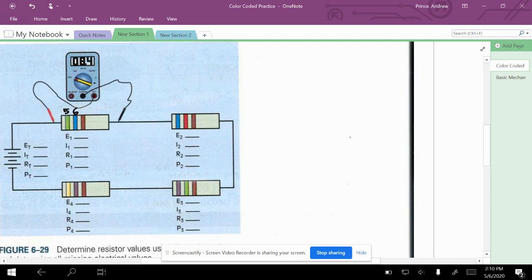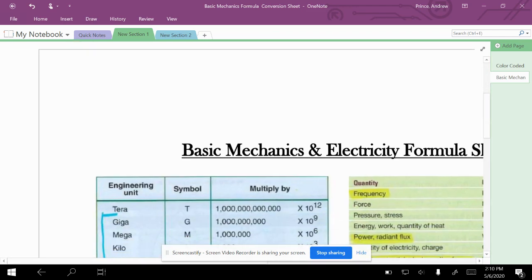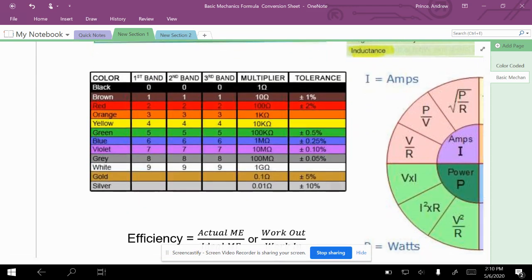And then the brown is the multiplier. So we're not going to look in the digit column here. We're going to look in the multiplier column, which is right here. So first band, second band, and then this one right here is optional, which we don't have right now. The final band is the multiplier, which is what we have there.